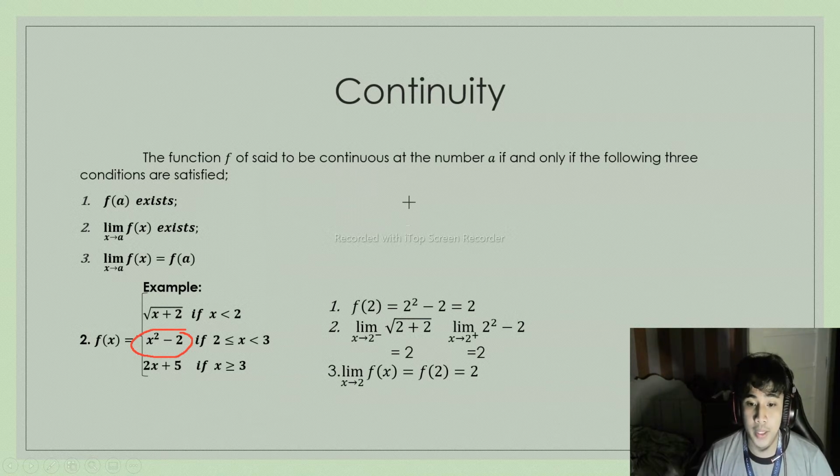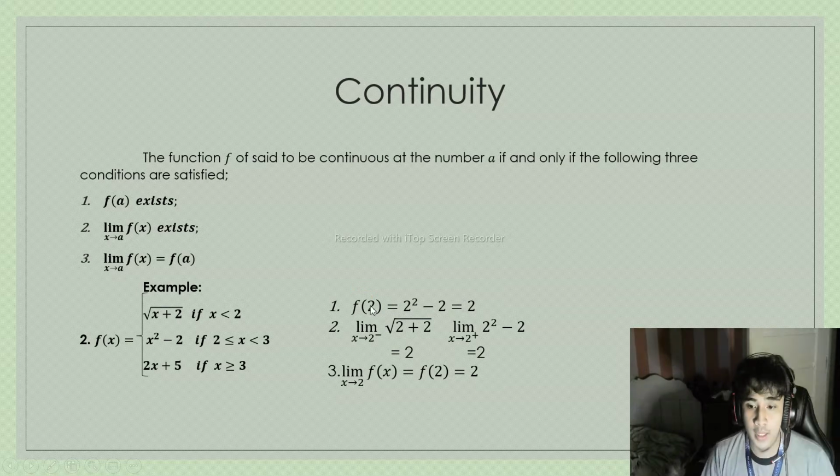So that will be f of 2, nakasulat na pala. Ito yon. F of 2 is equal to 2 squared minus 2 is equal to 2. 2 squared is 4 minus 2 is equal to 2.